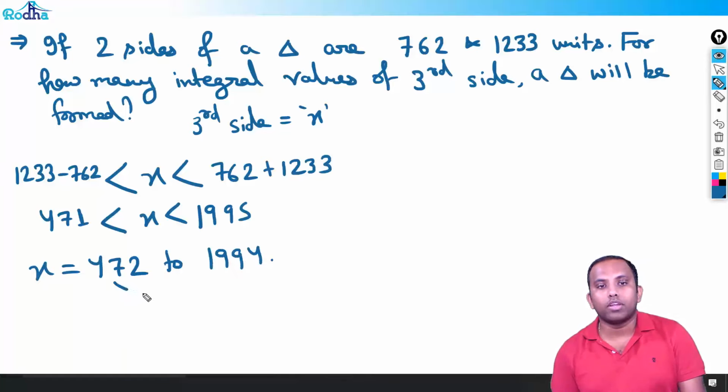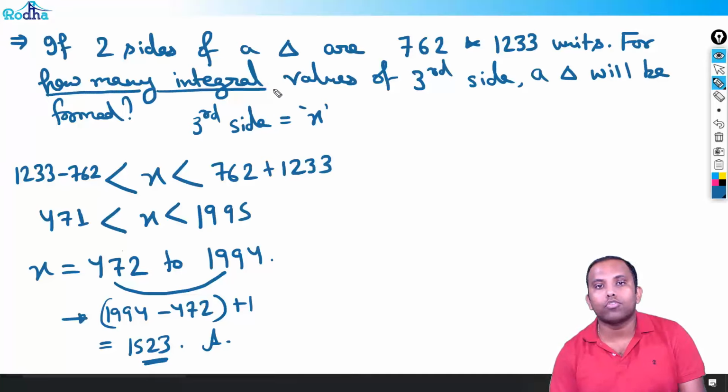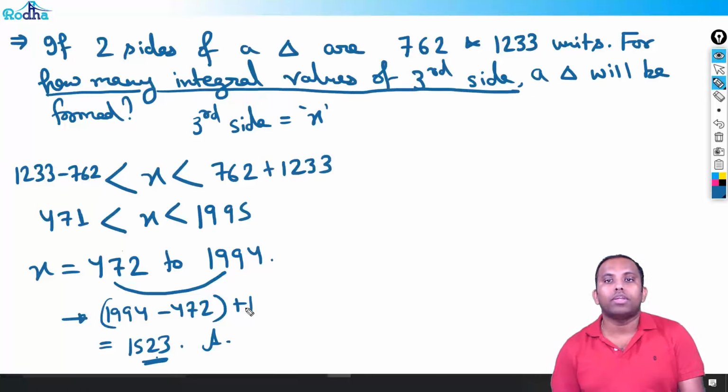Again, both inclusive, so the number of values is the difference plus 1. 1994 minus 472 is 1522, plus 1 is 1523, because both 472 and 1994 are inclusive. So for how many integral values of x, or of the third side, is a triangle formed? The answer is 1523. So I can form 1523 different triangles. Okay, this is the concept here.